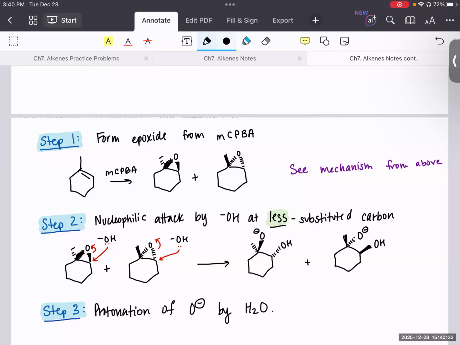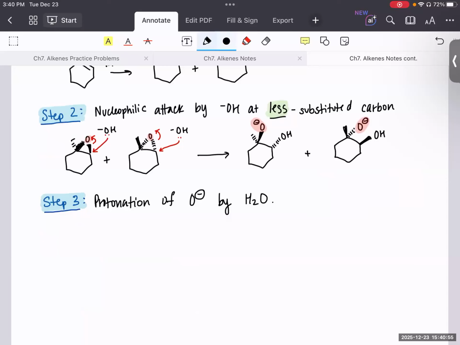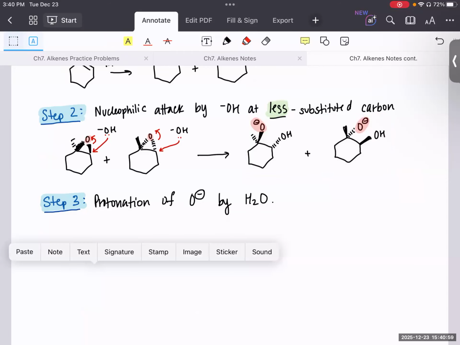All right, so here we can see that we formed these new intermediates. One thing that we have to be careful of is that this oxygen that I just highlighted in red is deprotonated, because in this step we haven't protonated yet. The oxygen from the epoxide swings open and forms that negative charge. And so our last step is going to be to protonate it using H2O.